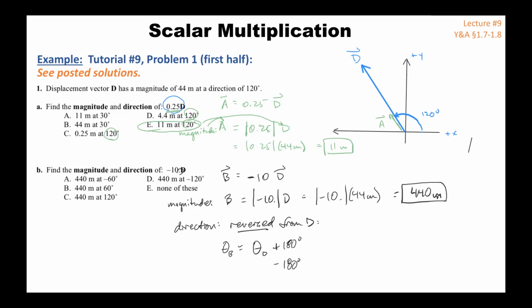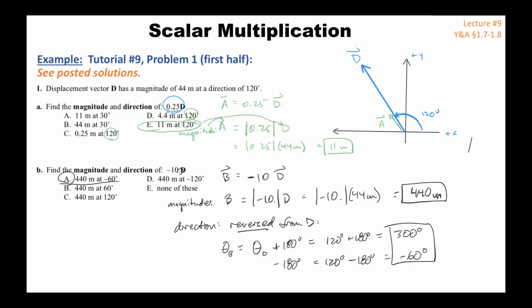So we have a choice. That's equal to 120 plus 180 or 120 minus 180. Either way, it's exactly equivalent because these are 360 degrees apart from each other. So that's 300 degrees or negative 60 degrees. So these are exactly the same direction. So it looks like the answer here is A.